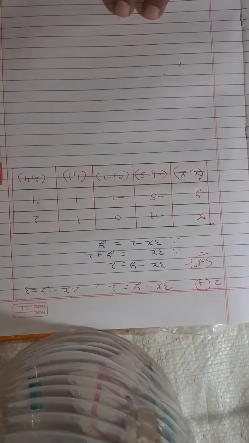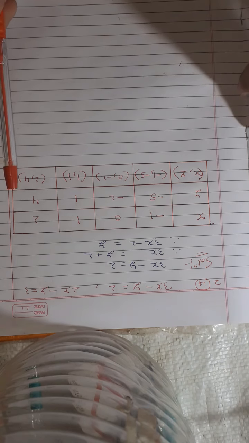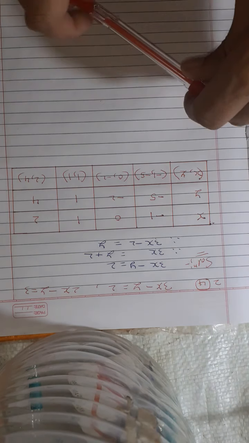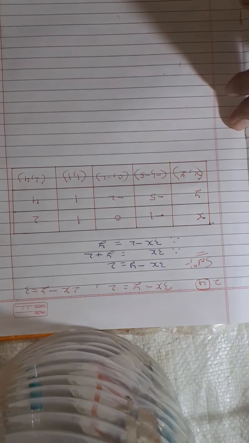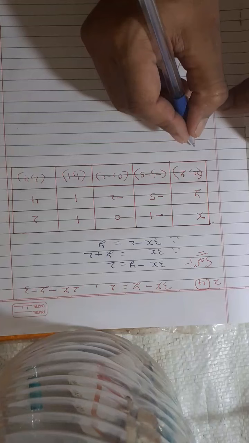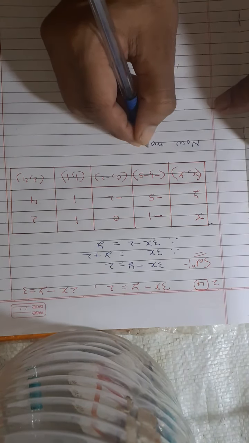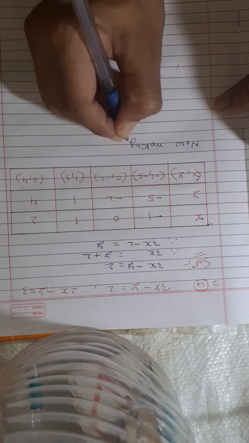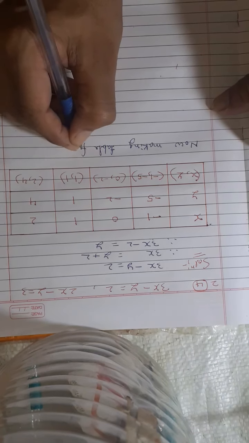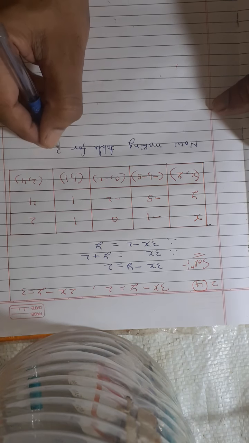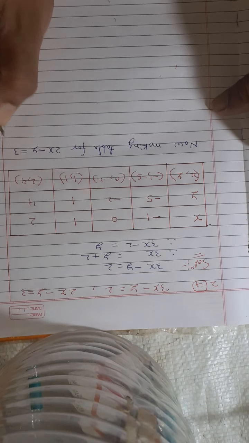Clear? Now suppose that we have to make a table for the second equation. The second equation is 2x minus y is equal to 3. Okay, so similarly, now making the table for 2x minus y is equal to 3.